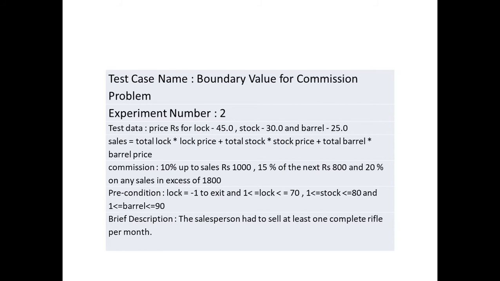So the precondition is log is equal to -1 to exit, and 1 to 70 logs, 1 to 80 stock, and 1 to 90 barrel for 1 month. So the salesperson has to sell at least one complete rifle per month.